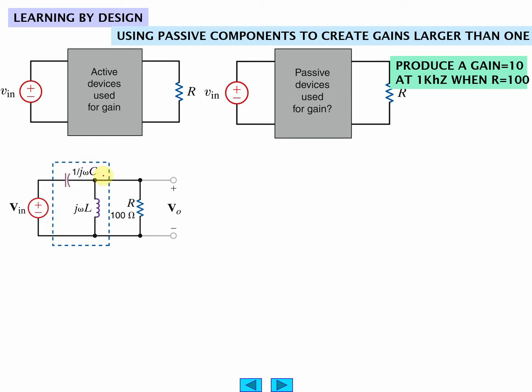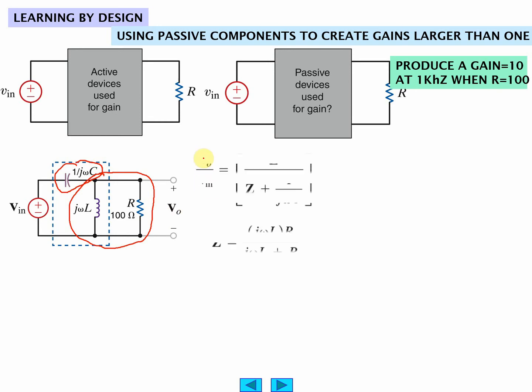We look at this as a voltage divider network, that this impedance is on the bottom, this impedance is on the top. V out then would be an expression: V out over V in equals this equivalent Z here, which is the parallel combination of the inductor and the resistor, divided by Z plus the impedance of the capacitor.